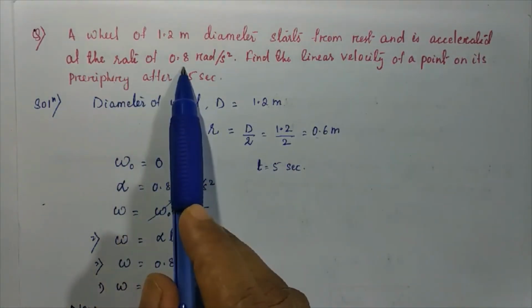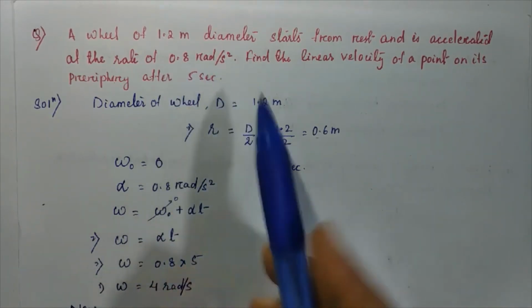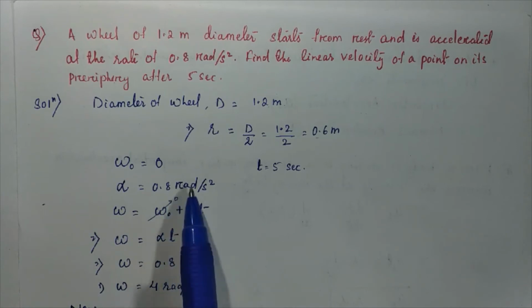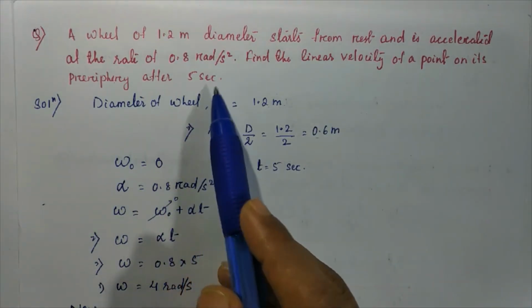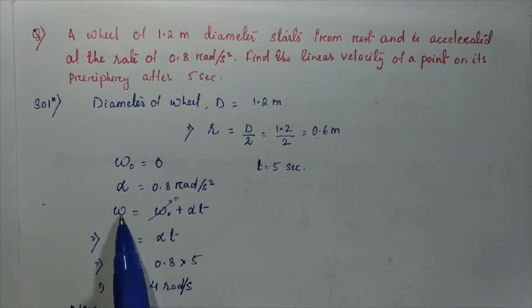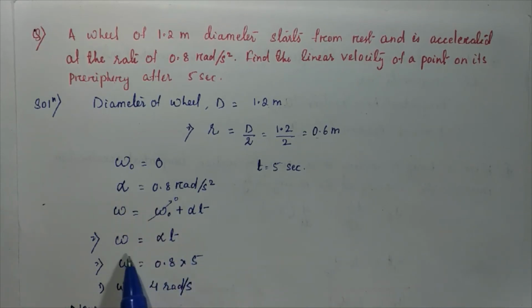Accelerated at the rate of 0.8 radian per second square means angular acceleration is 0.8 radian per second square, and time is 5 seconds. We consider the equation of motion omega equal to omega naught plus alpha t. Omega naught is 0, so omega is equal to 0.8 into 5. So omega equals 4 radian per second.